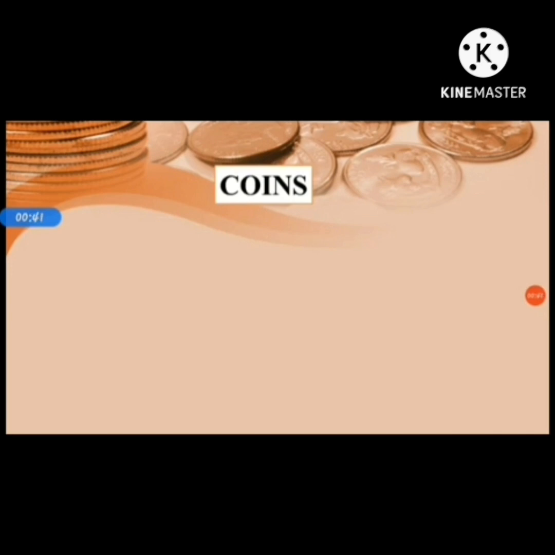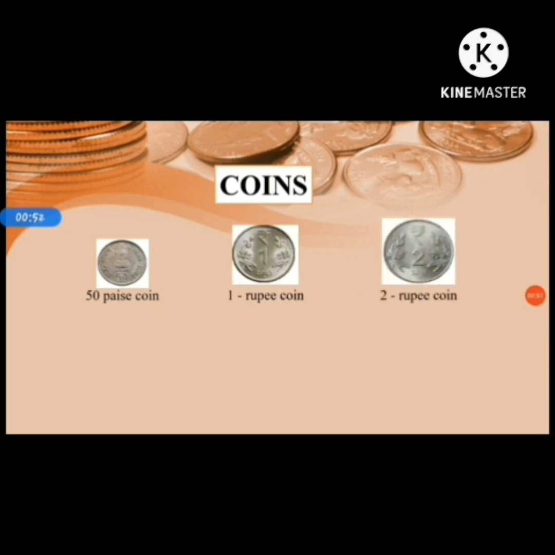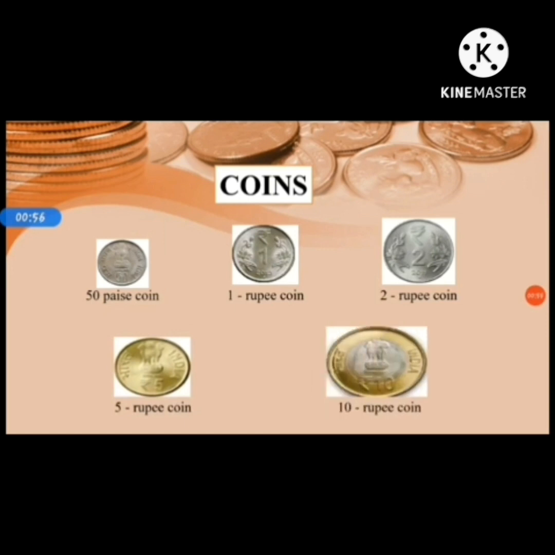How many coins have you seen? Regularly you see the 50 paise coin, 1 rupee coin, 2 rupee coin, 5 rupee coin and 10 rupee coin. These are the coins that you have seen.